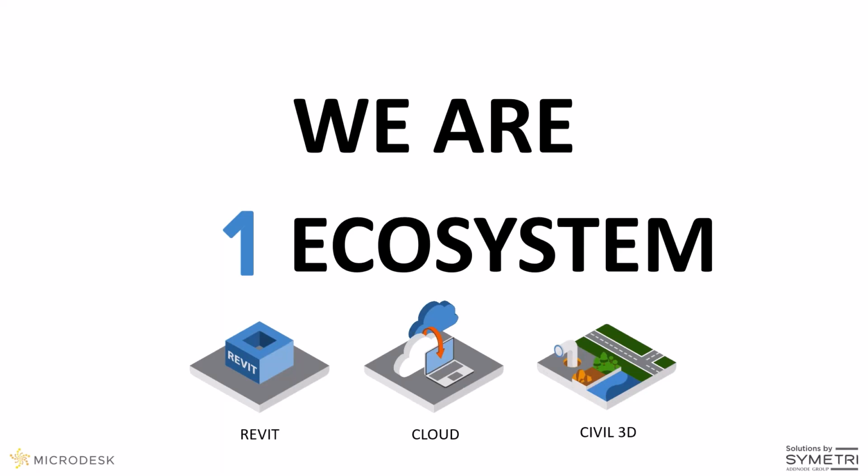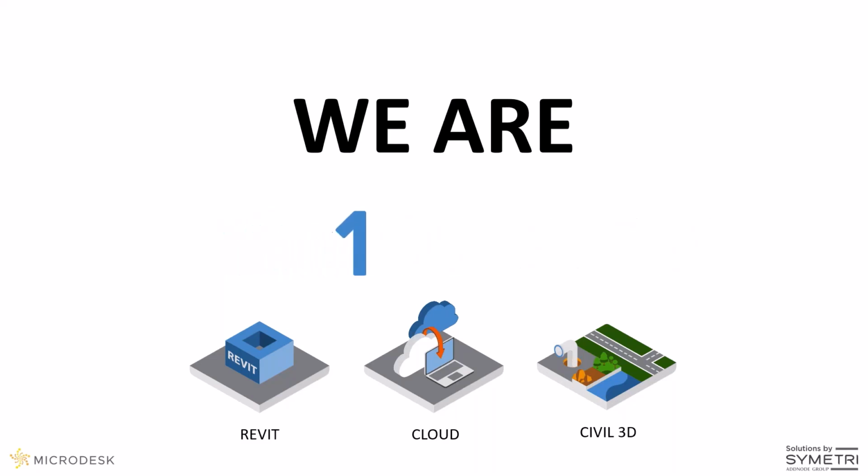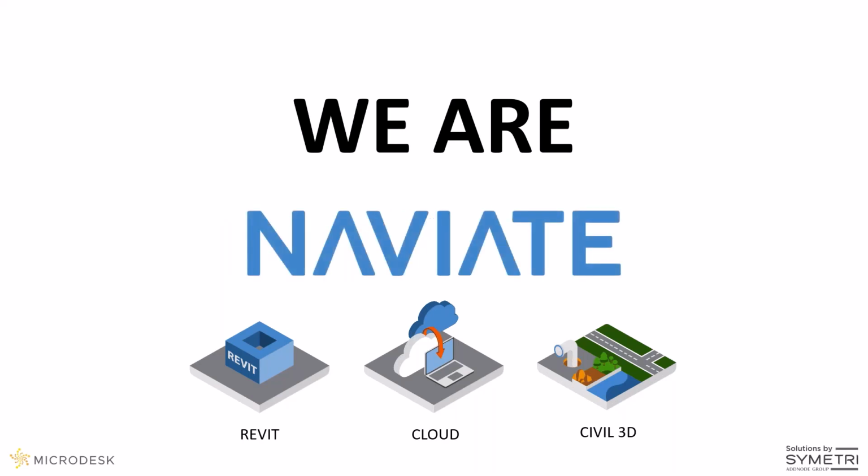We have our Naviate for Revit products, our Naviate for Cloud products, and our Naviate for Civil 3D products. So we are really looking at multiple aspects to help you work within the entire Autodesk ecosystem. And with that, we are really one Naviate portfolio.